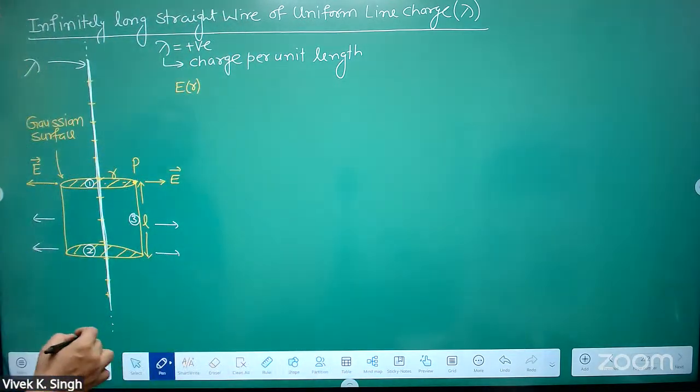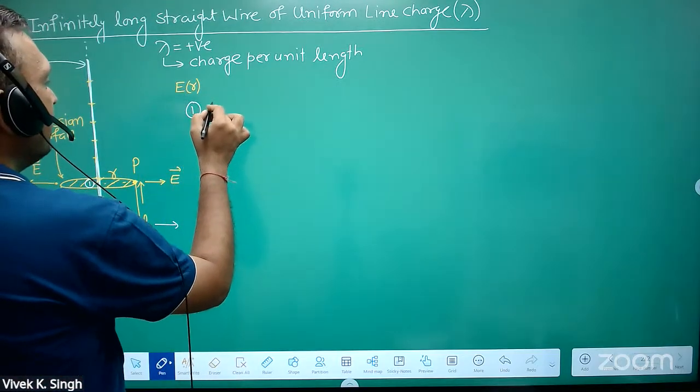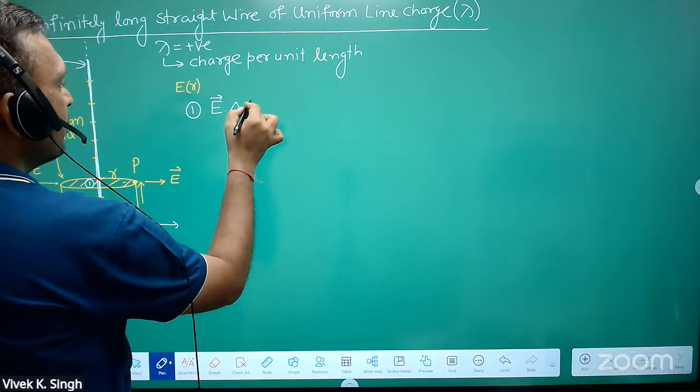So what is on surface 1? What will be E dot delta S? क्या होगा ये सरफेस वन पे?